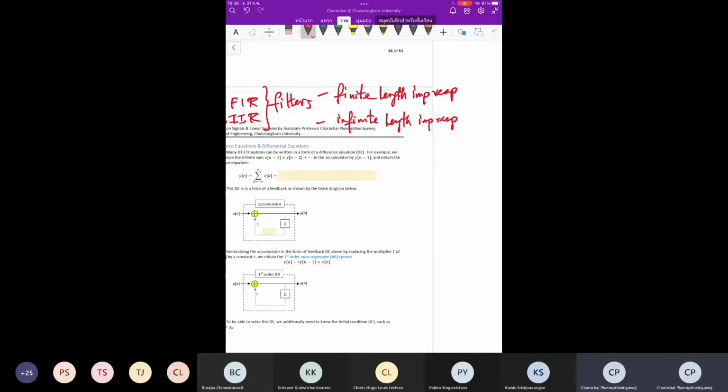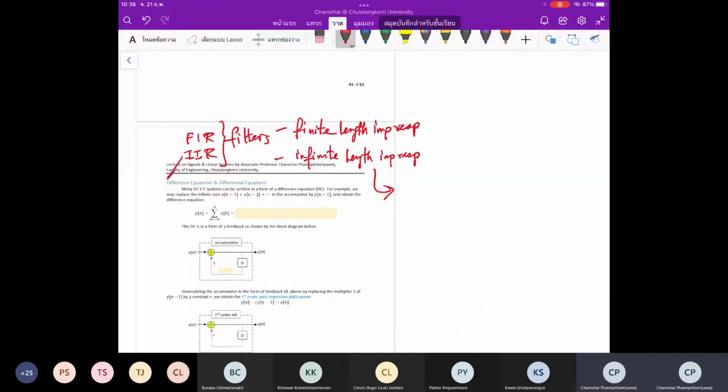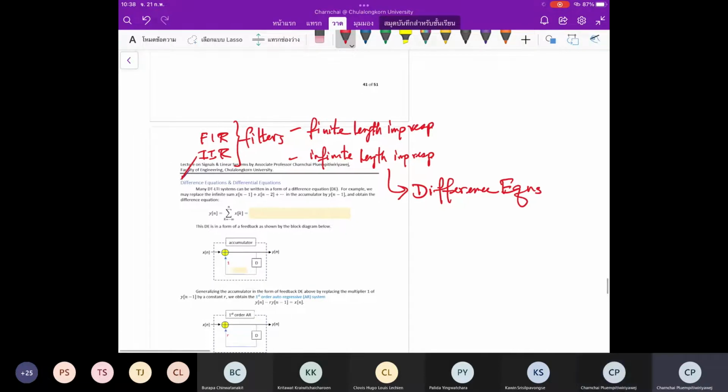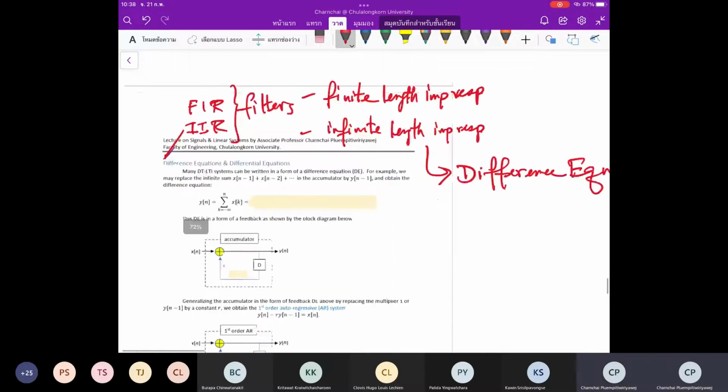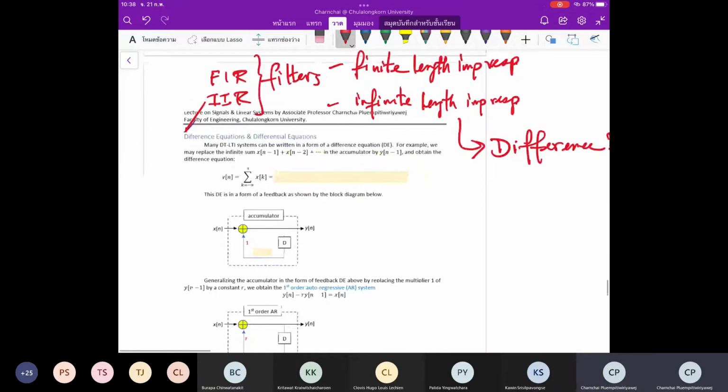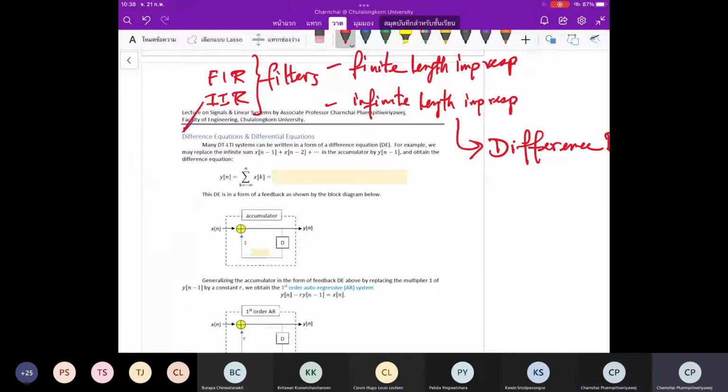So for the infinite length impulse response, we can write it as difference equations. We most of the time write it as difference equations. Like for example, here, this is what? x[n], right? We did that. We say it's equal to x[n] plus x[n-1] plus x[n-2] plus, until what?